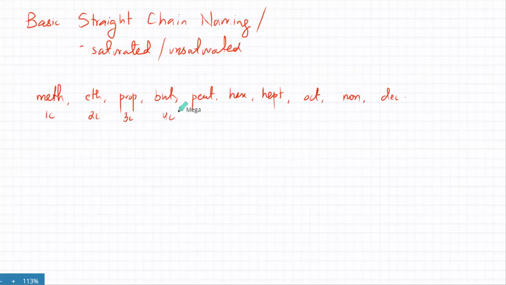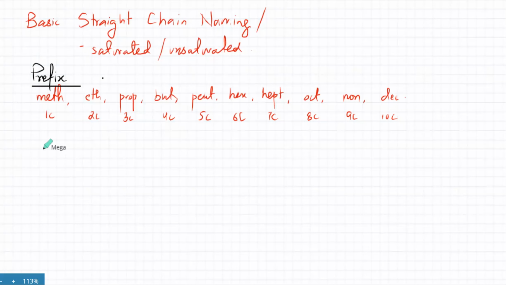You can have 4, 5, 6 carbon atoms, 7 carbon atoms, 8 and 9 and 10. This is our prefix, the starting name of the molecule. Hopefully everyone is aware of this, and the suffix is decided by the functional group.